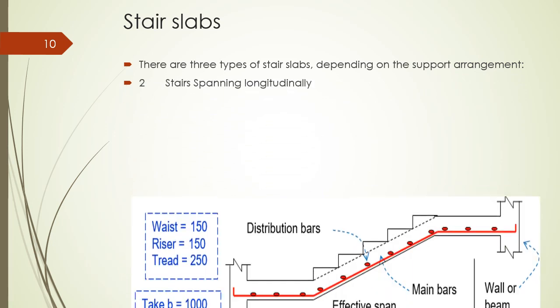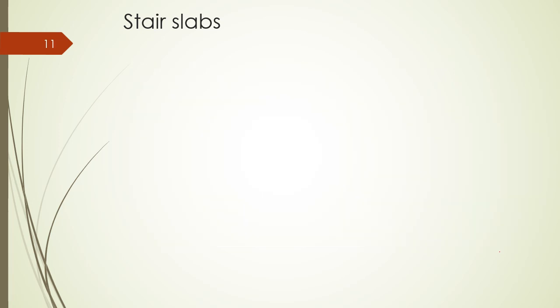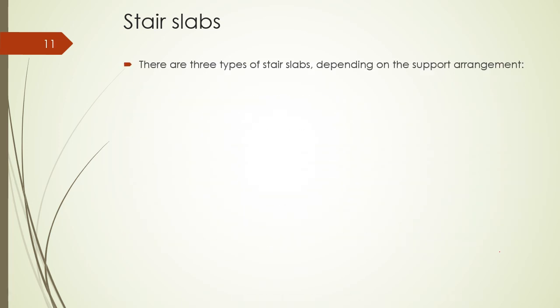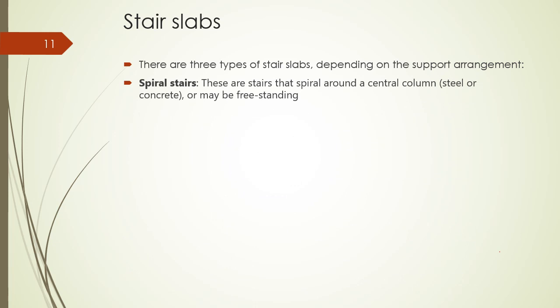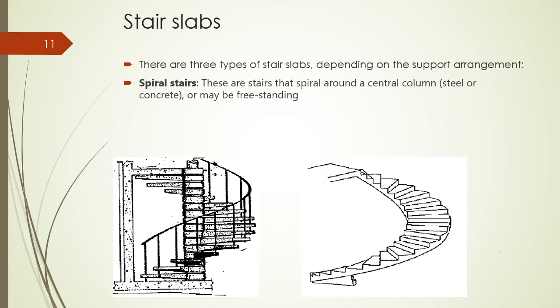In this case, the support is on one end of the staircase flight and on the other end of the staircase flight. The third category of stair slabs are spiral stairs. These are stairs that spiral around a central column, or they could be freestanding.